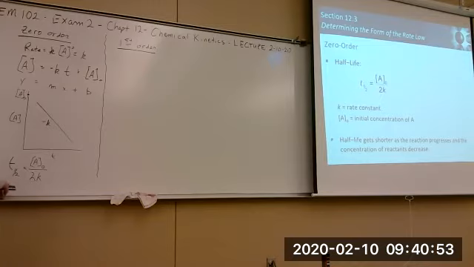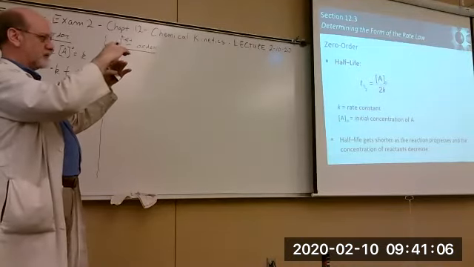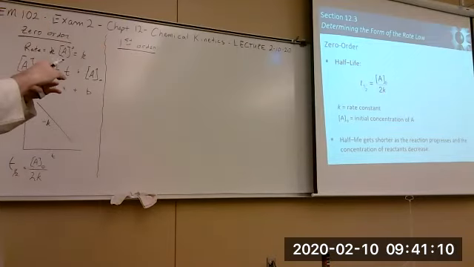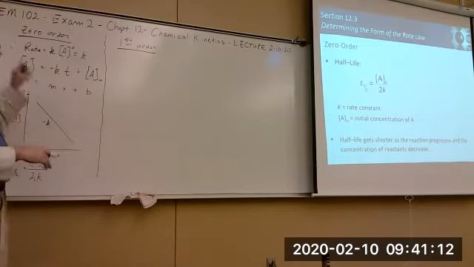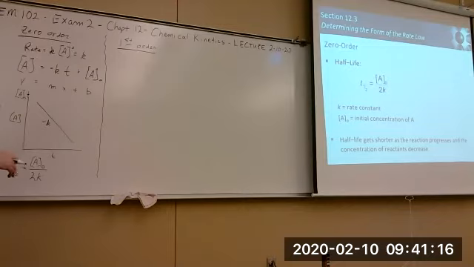Notice this is an equation, right? So suppose instead you determine what the half-life is. You look at your data and say, all right, in this amount of time, half of it disappears, and in this amount of time, half of it disappears. But you've already plotted your data, so you know it's zero order.